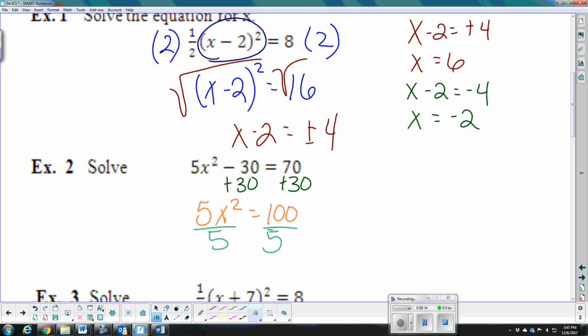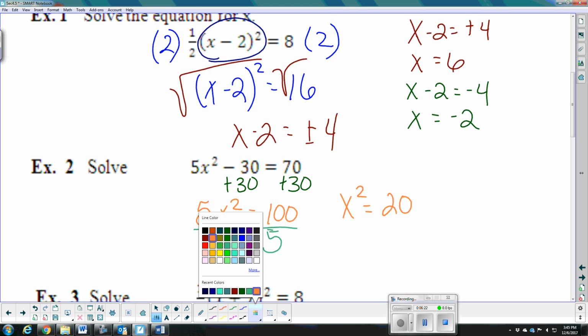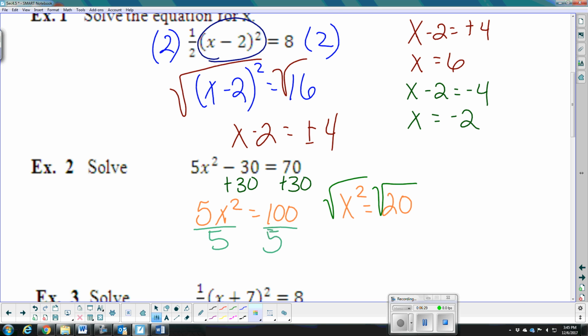So we get x squared equals 20. Now to solve for x, we have to take the square root of each side. So we get x equals the square root of 20.